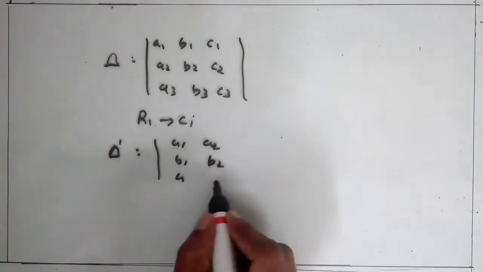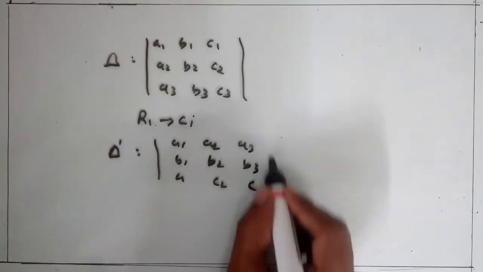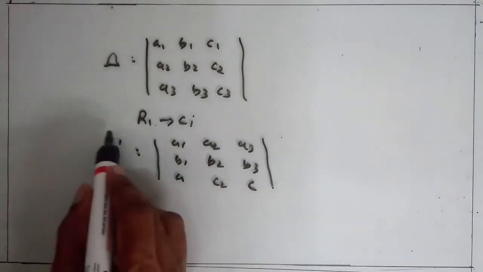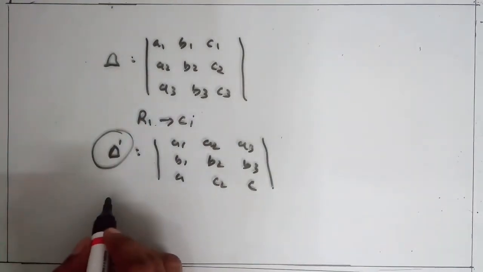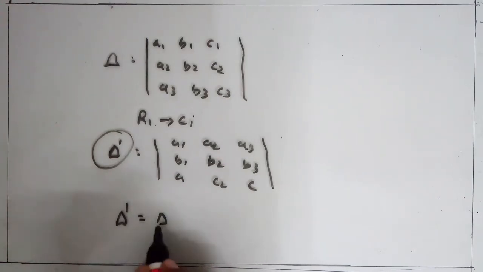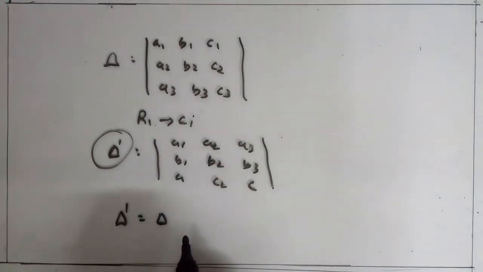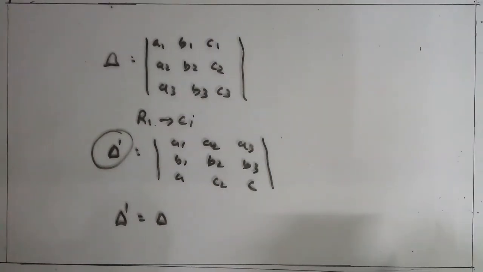The value of the new determinant and the given determinant are both equal, that is D dash is equal to D. Clear this? So the values of both determinants are equal if we interchange each row into the corresponding column.